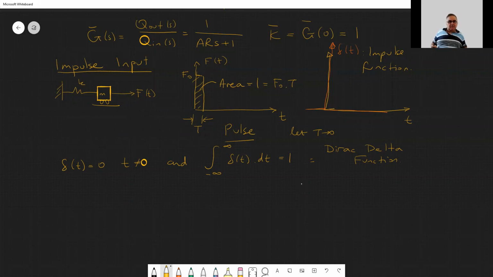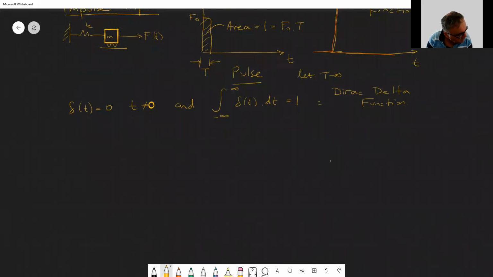But as a test input, this is an important input for our system. As I have said, we can never achieve this kind of an input, but we can approximate it. But it is a useful tool for the analysis.